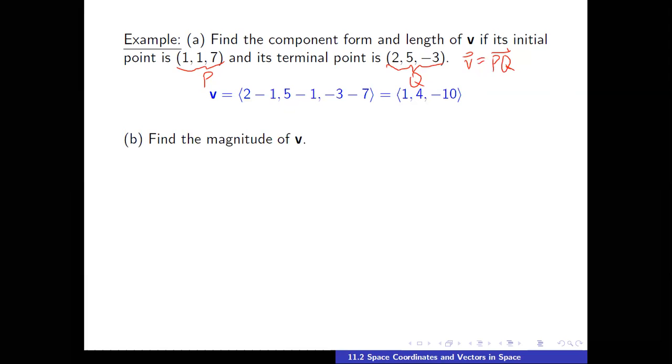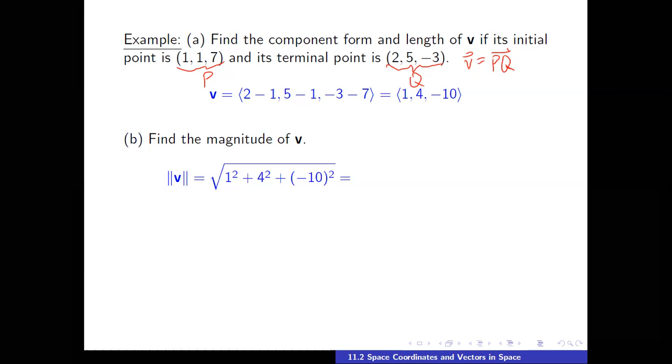And what about the magnitude? Well, that's easy. You just sum the squares of the components and take the square root. So you get 1 squared plus 4 squared plus minus 10 squared. And by the way, please make sure when you have a negative component that you square it so that the negative goes away.